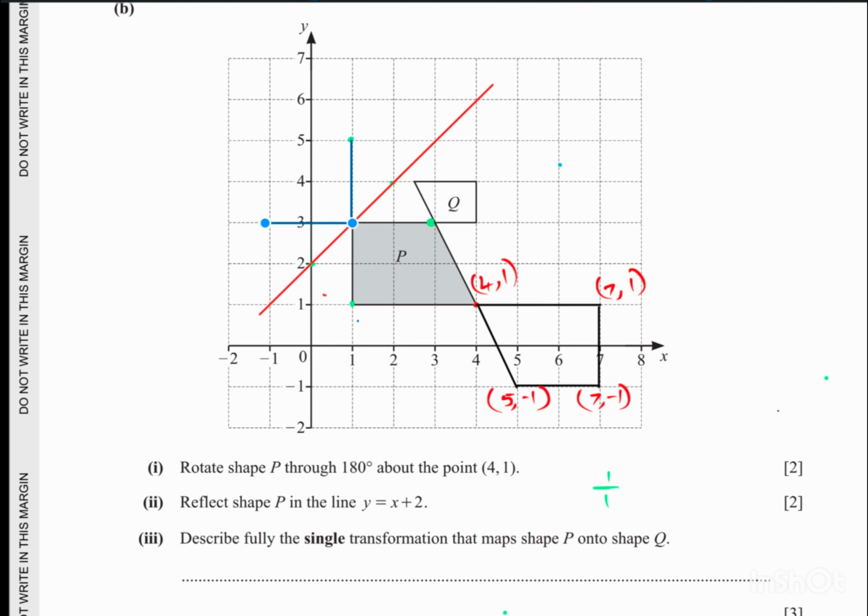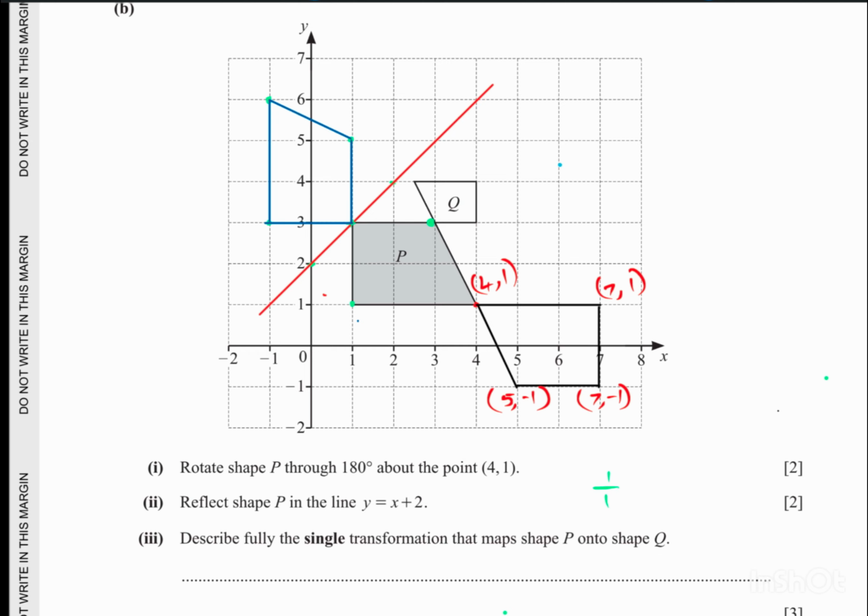Yeah, this is the reflected point. So from here it is 3 boxes right. So you'll take 3 boxes, 1 2 3 here. So this coordinate (4, 1) will be reflected here. So just join those lines.